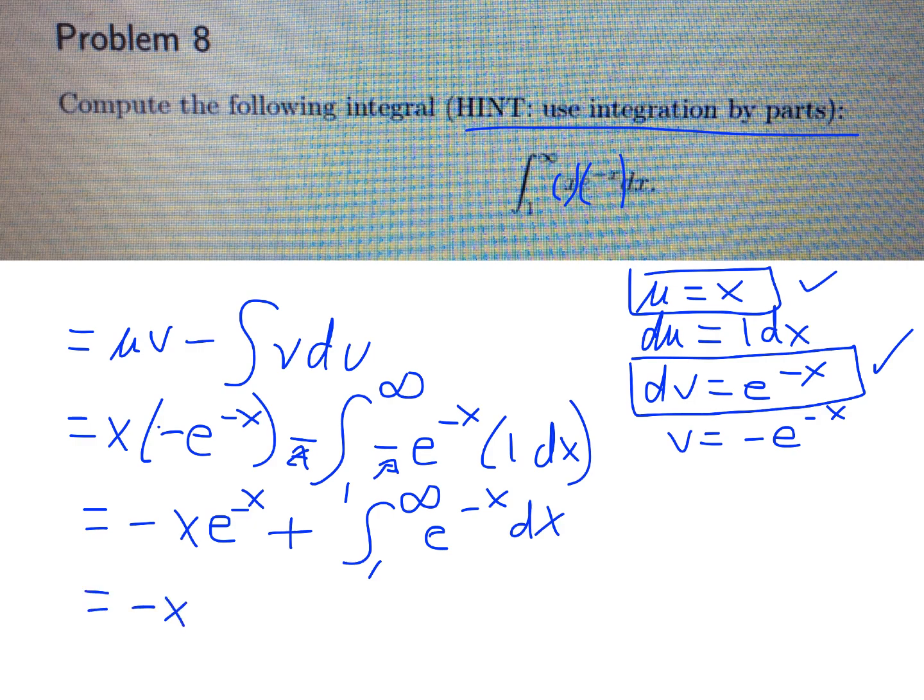So I have minus x e to the minus x plus the integral from 1 to infinity of e to the minus x dx. And we know that that integral has to be negative e to the negative x. We're going to evaluate that from 1 to infinity in the next step.